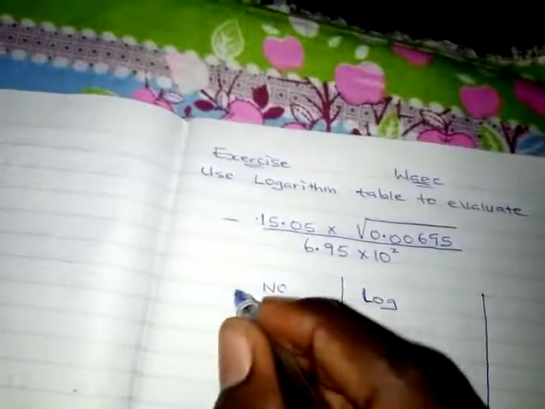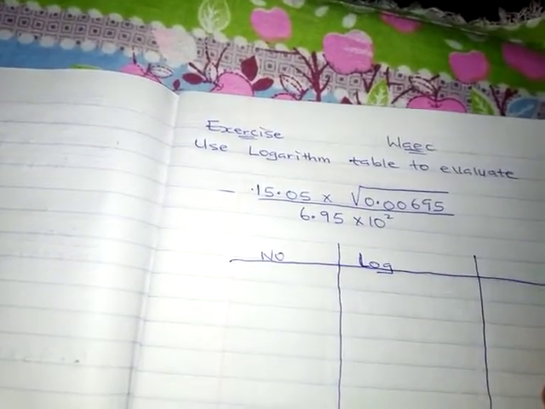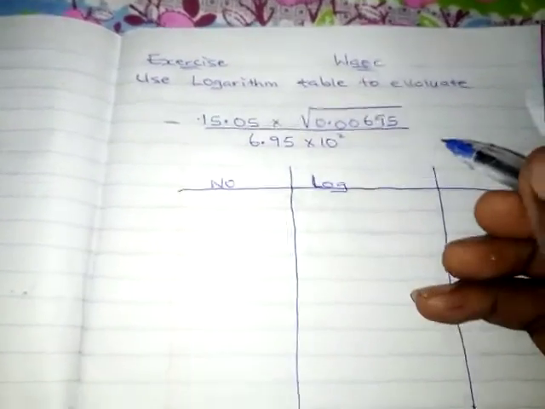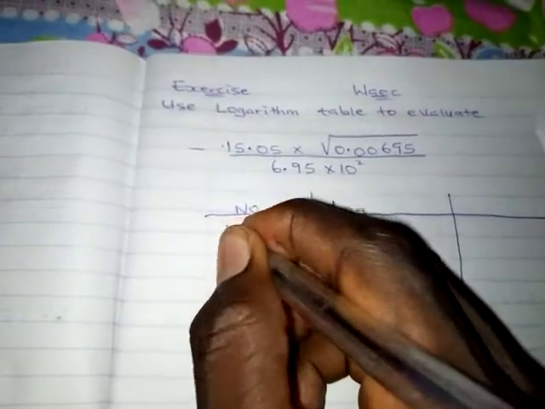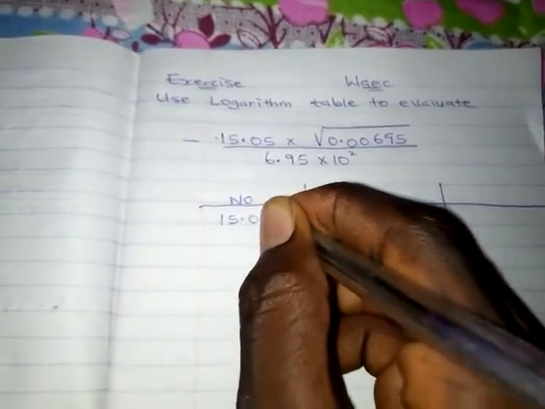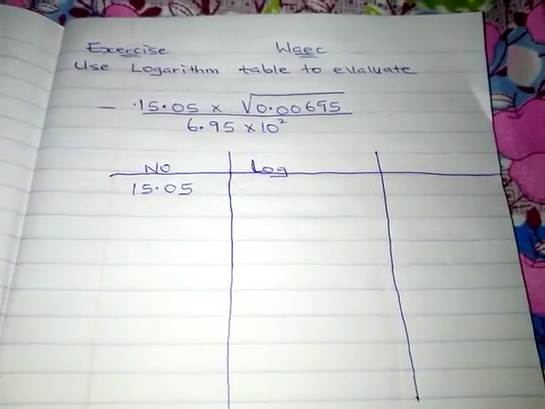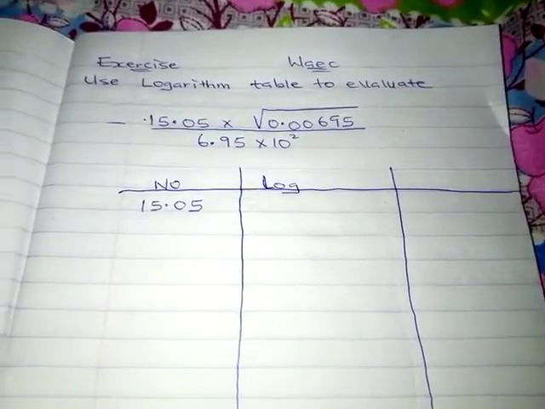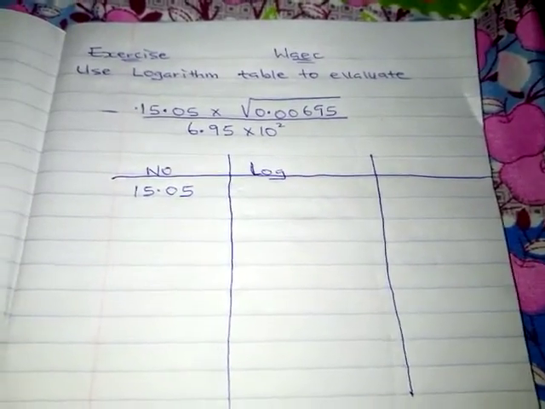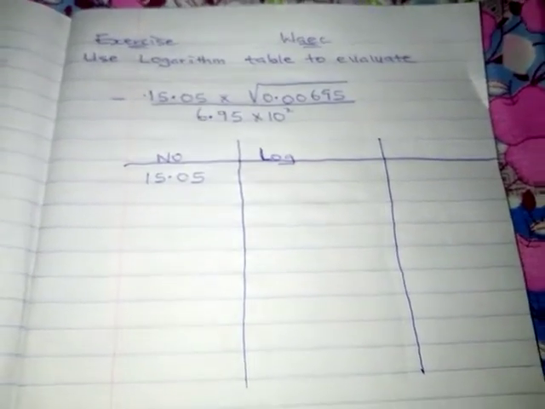So the first thing we do, we bring out this first number, which is 15.05. So we express it first in standard form. So if we express it in standard form, it gives us 1.505 times 10 raised to power 1.